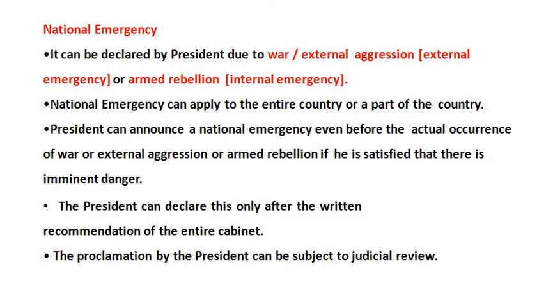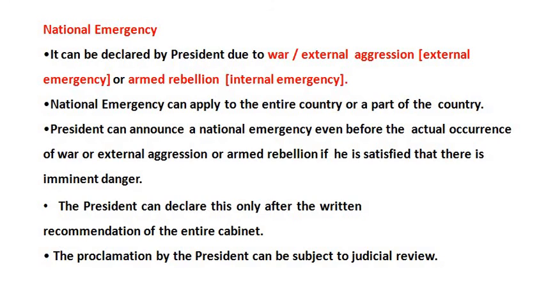It can be declared by the president due to war or external aggression, the external emergency, or armed rebellion or internal emergency. National emergency can be applied to the entire country or part of the country. The president can announce a national emergency even before the actual occurrence of the war or external aggression.